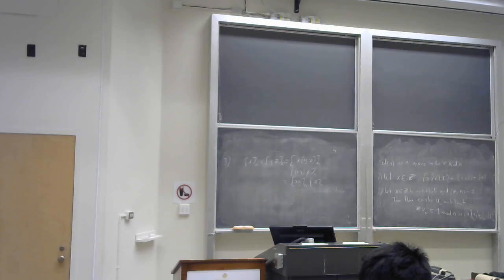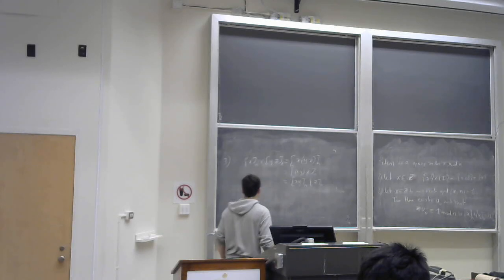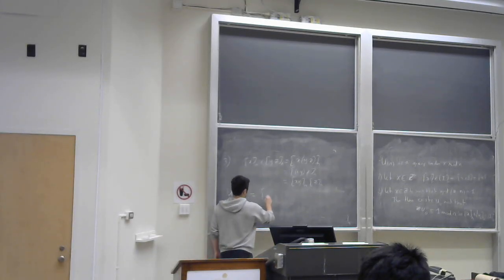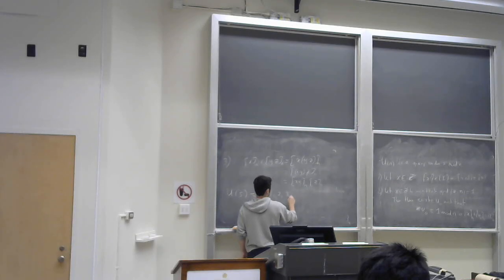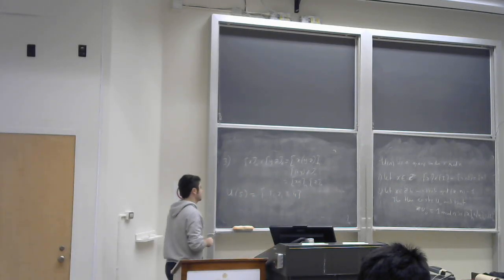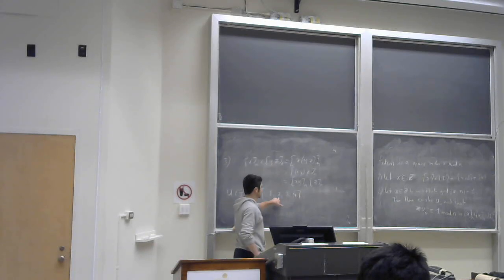Great. Let's do some small calculations. Let's take U5, which has 1, 2, 3, 4 with multiplication modulo 5. Let's take the product of some elements. 2 times 3 is equal to 1, right?